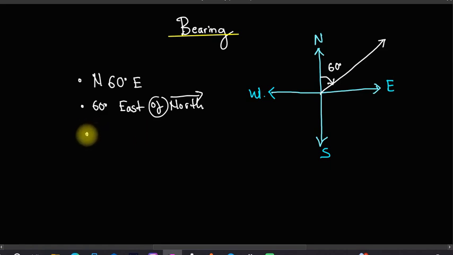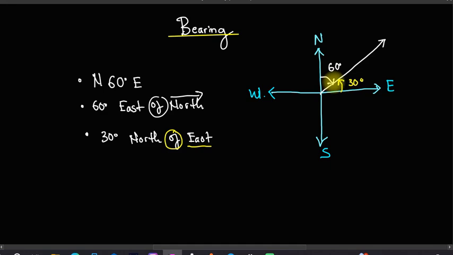Okay, we can also have, let's say for example, 30 degrees north of east. What does this mean? 30 degrees north of east means 30 degrees north from the east, coming from the east. So how are we going to represent 30 degrees north of east on this diagram? 30 degrees coming from the east.